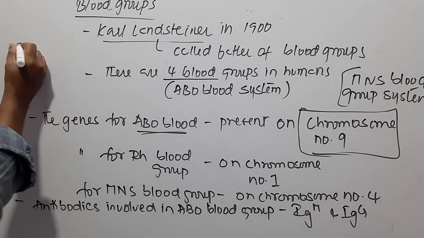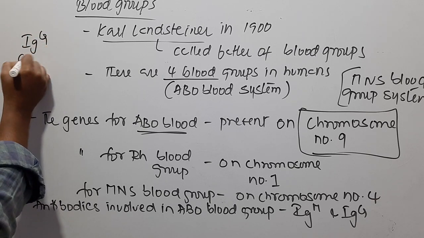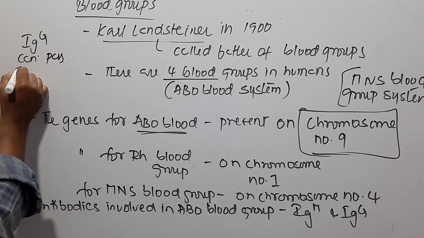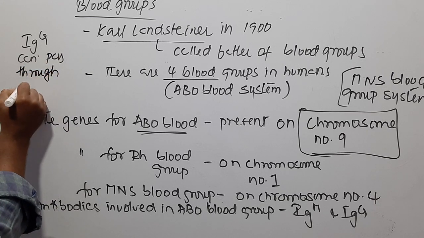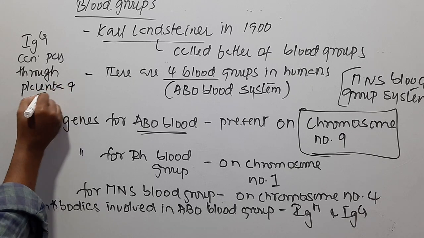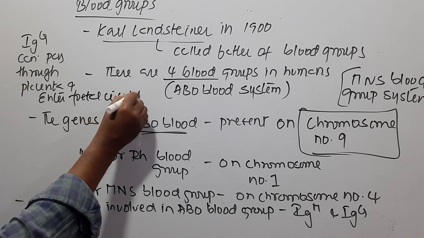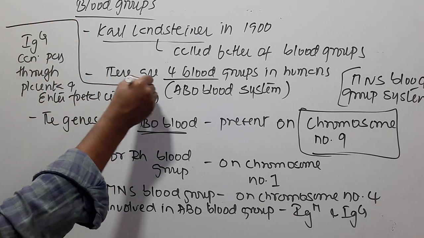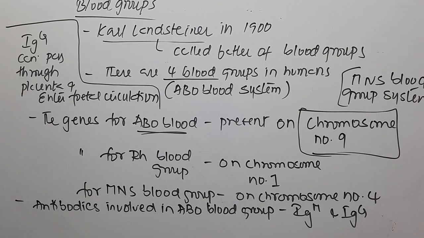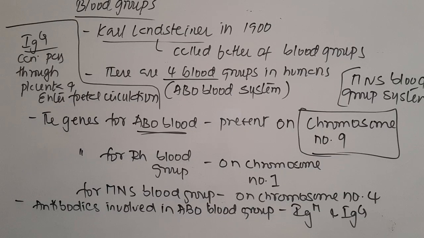So the antibodies responsible for erythroblastosis fetalis are IgG antibodies. So this is small information on the blood groups.